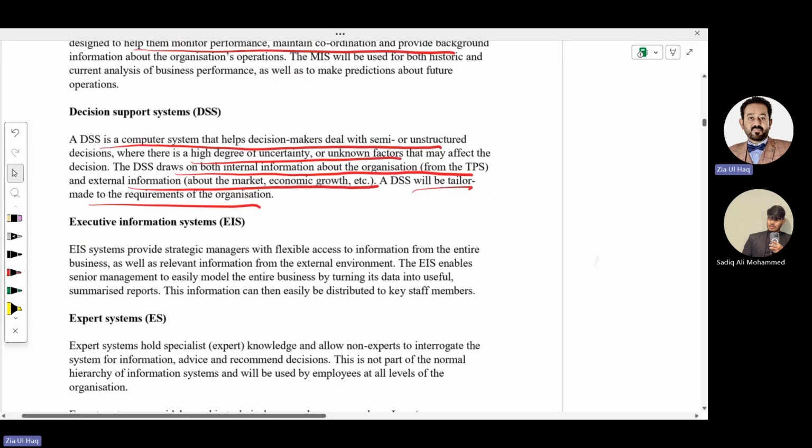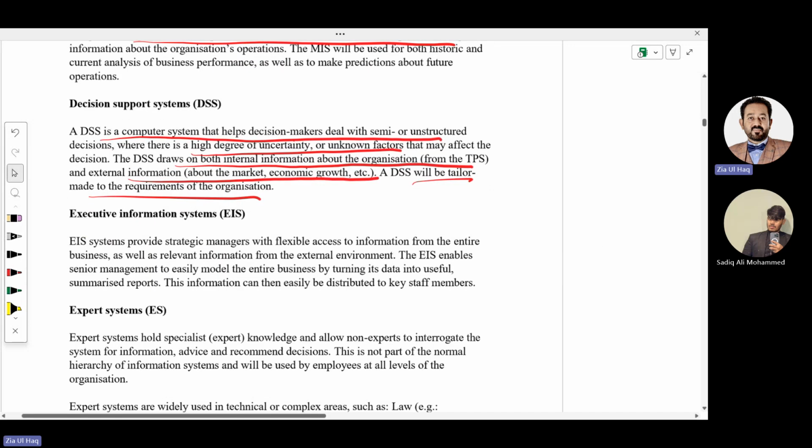And the system that is purely designed for top management is EIS, Executive Information System, that can receive internal as well as external information, that is forward looking rather than historical based. So the EIS provides strategic managers with flexible access to information from the entire business as well as relevant information from the external environment.